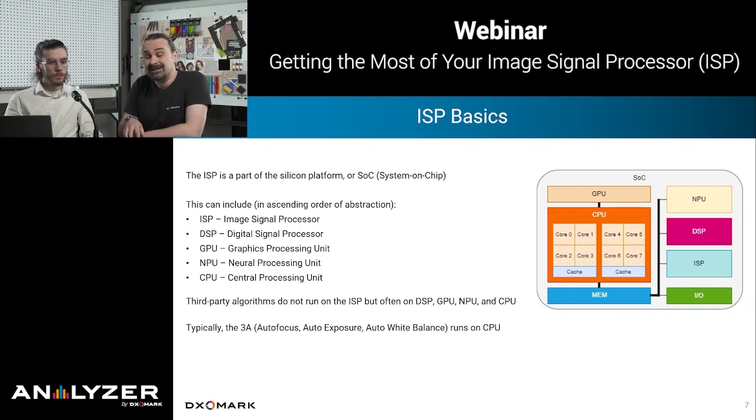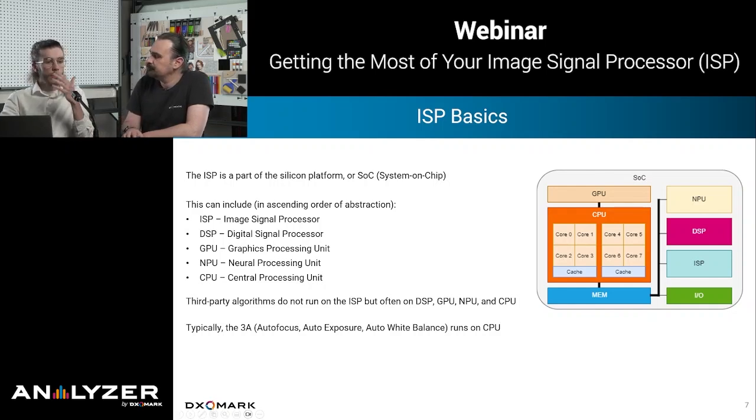Or even a completely general purpose processing unit, such as your CPU, which could be multi-core, or something dedicated to neural networks and AI, usually called an NPU, neural processing unit. All of these at different moments may be involved in your pipeline. For instance, we say ISP tuning, but we also set the 3A: auto exposure, auto white balance, and autofocus, which typically does not run on ISP, it runs on CPU.